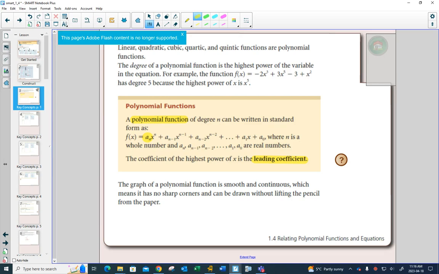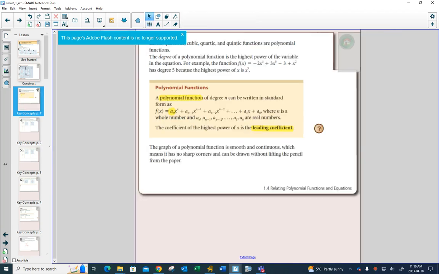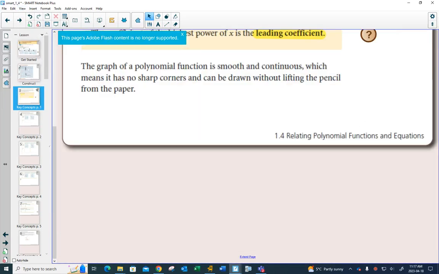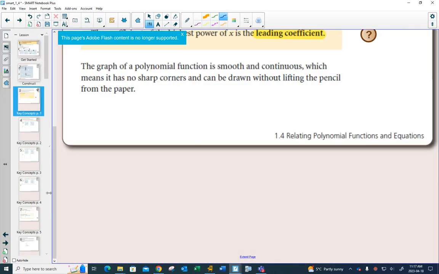And one of the things that I'm going to get you to write right beside these: we are going to look at and define things as either odd functions or even functions.